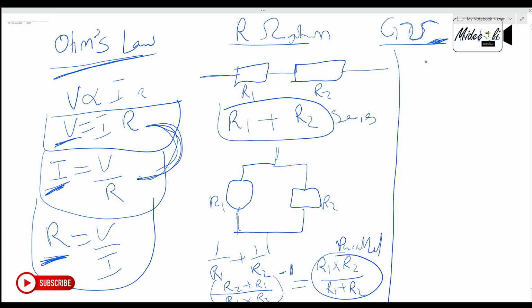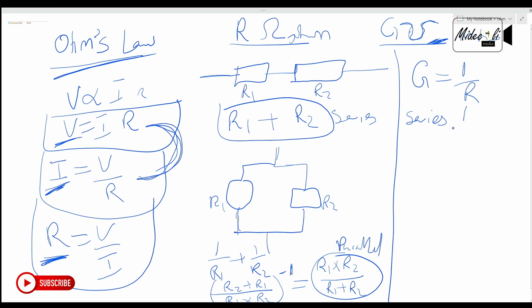Remember that I told you that G, which is conductance, is equal to 1 over R. So for resistors that are in series, because it is inverse, we don't do this.